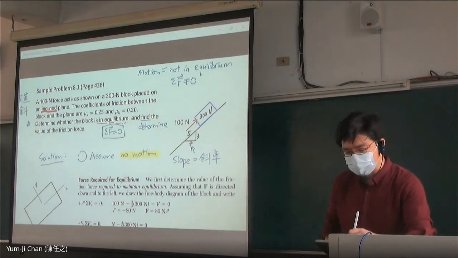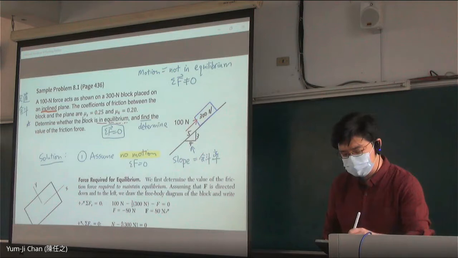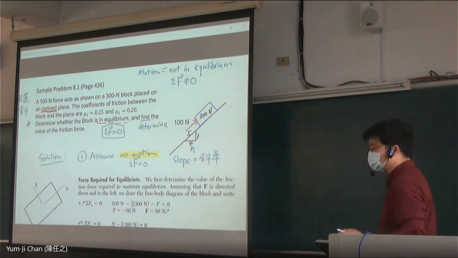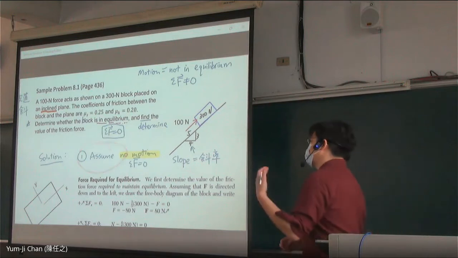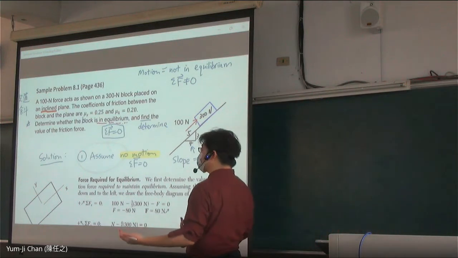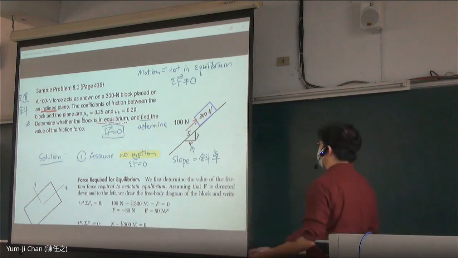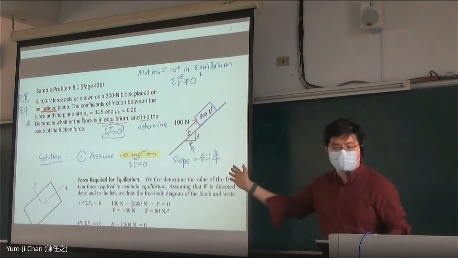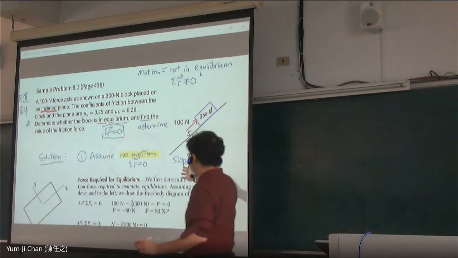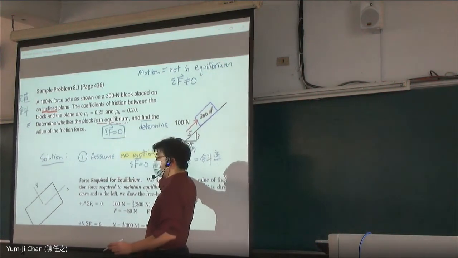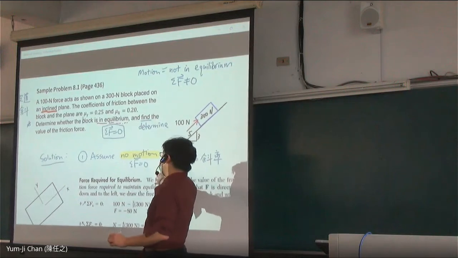That means summation F equal to 0. The first step, we need to assume something, because it can be in motion or it can be no motion. So first of all, we assume we have no motion here. So summation F equal to 0.